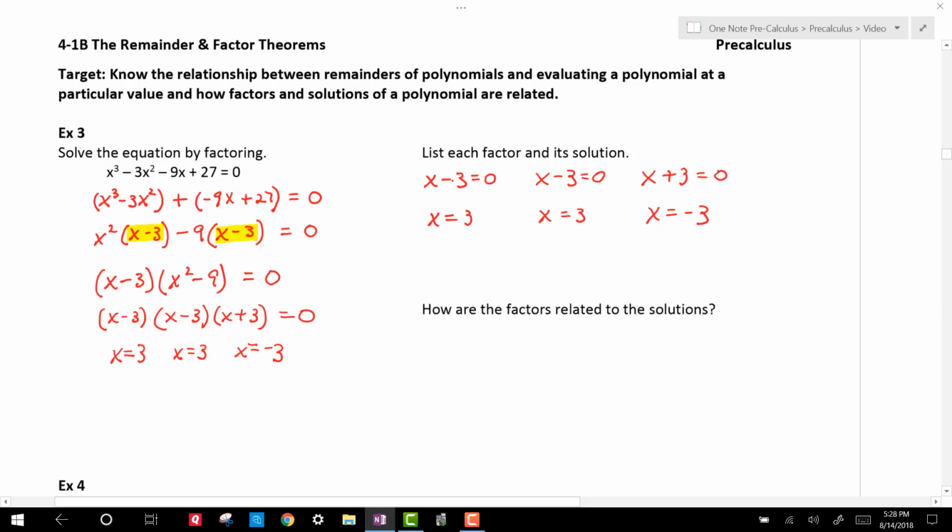If you solve those, the solution to each factor is the opposite value of the factor.